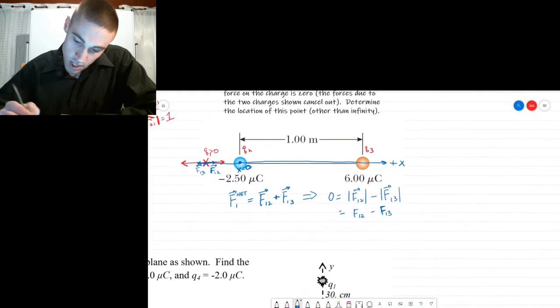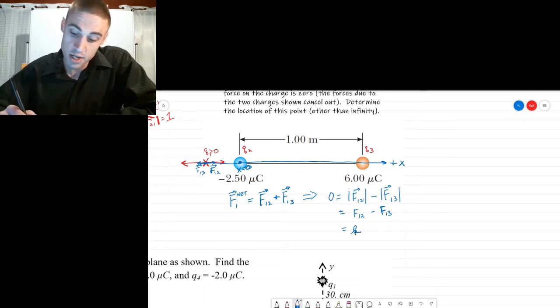Okay, so now let's put in the values from what we know about the Coulomb force. The Coulomb force has the Coulomb constant out in front, and then there's Q1 and Q2 divided by R12 squared. And the direction won't really matter.